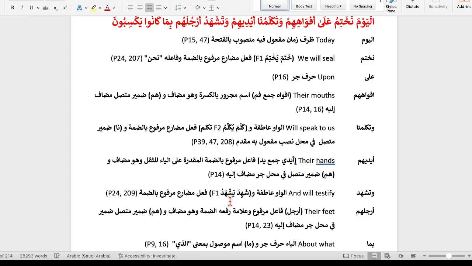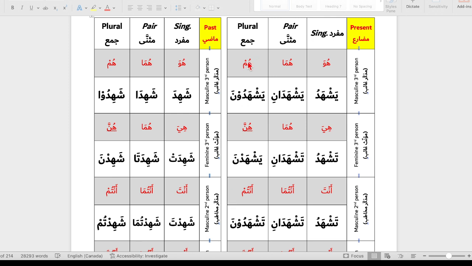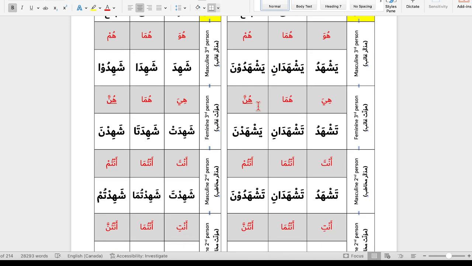Let me show you the table. So huwa shahida past tense, huwa yashhadu present tense, huma yashhadani, hum yashhaduna. Shahida yashhadu means to testify. Hiya tashhadu, this is the verb form used. Huma tashhadani, hunna yashhadna.